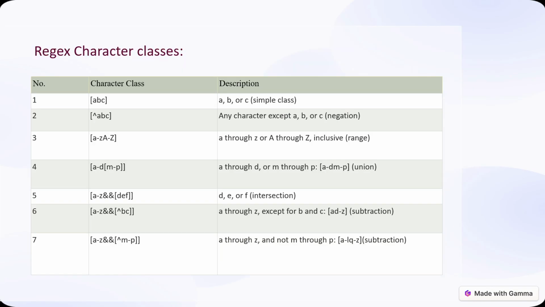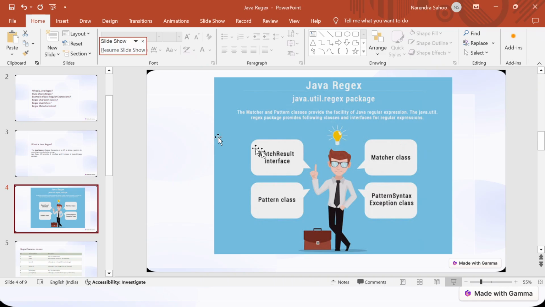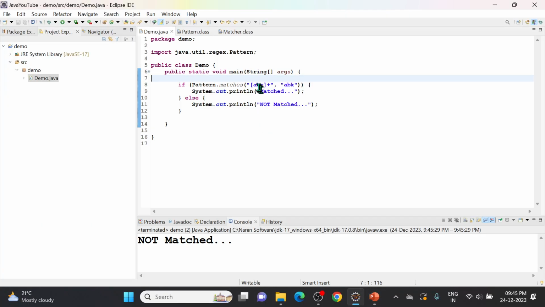Now let's see what are the methods. You see, regex character classes. I told ABC. If I wanted to say I don't want ABC, any other character will work, I will use the caret symbol. Caret means not.